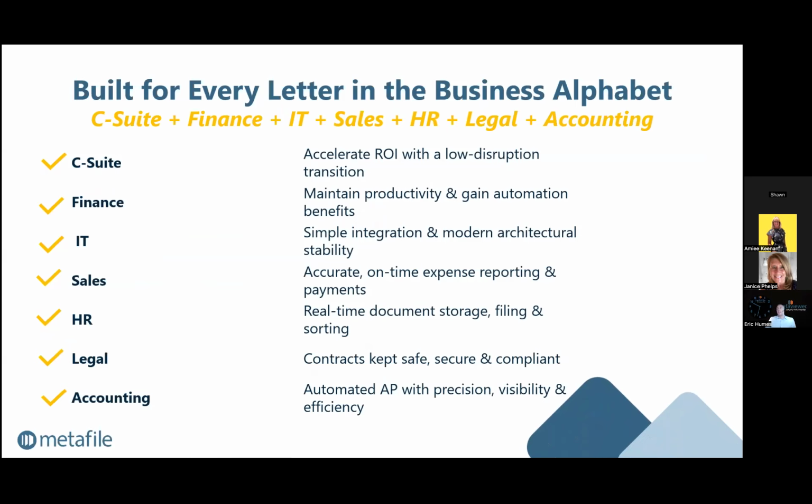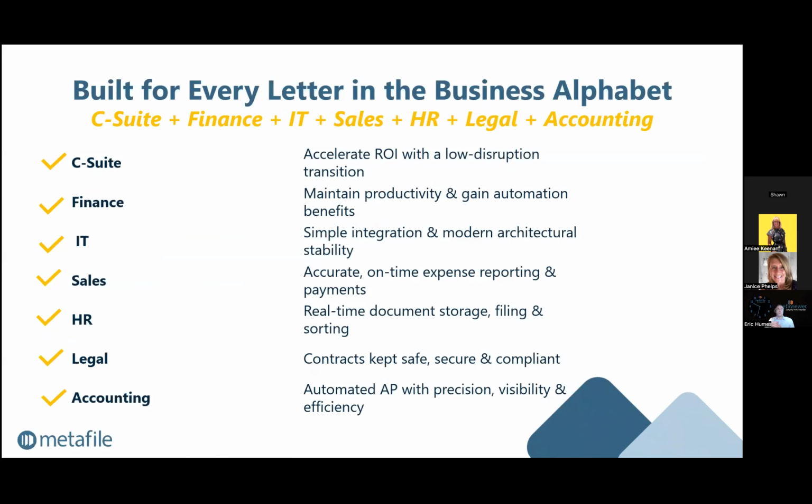We're built for every letter in the business alphabet, from the C-suite and being able to accelerate that ROI to improving the productivity with finance. I mean, we can help sales and make sure they get paid for any of their expense reporting. And then document management around being able to offer that real-time storage and sorting for HR, keeping your contracts safe.